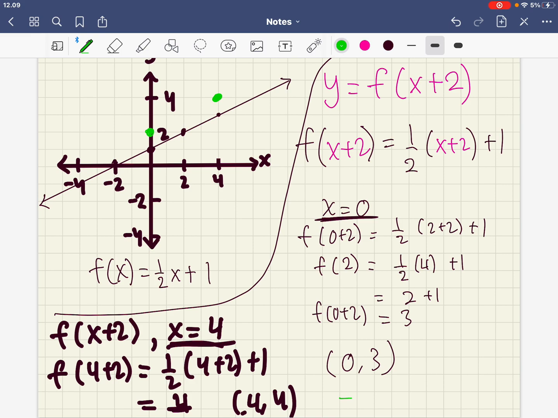And then I want you guys to tell me something. What is the shift here? It looks like I just added 1 to the y-intercept, but what's actually happening to the points?